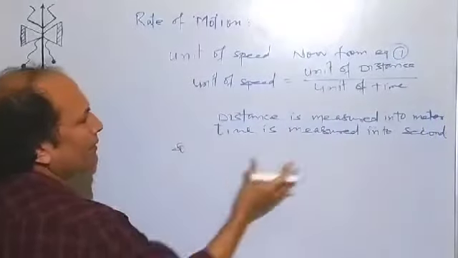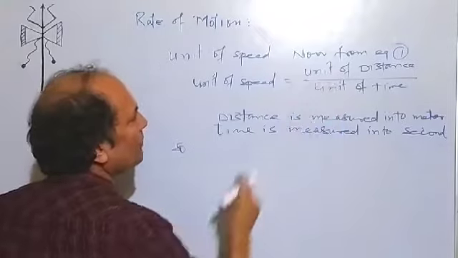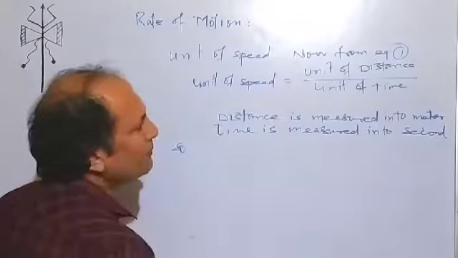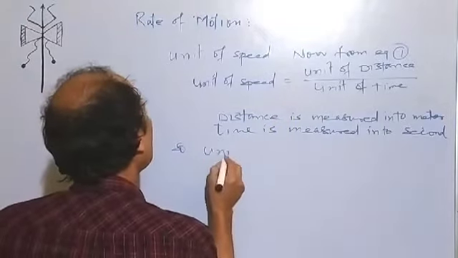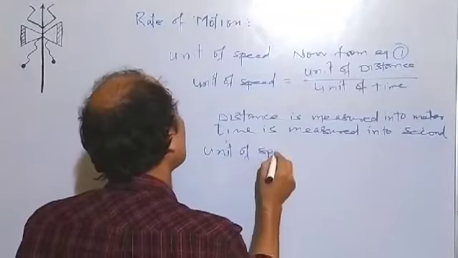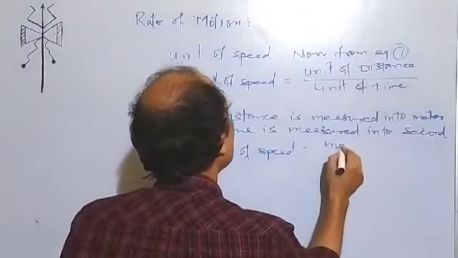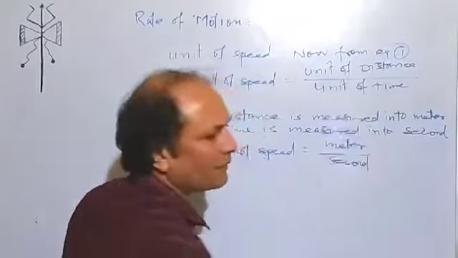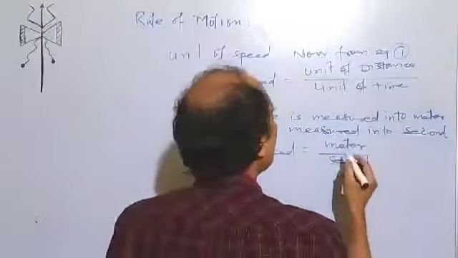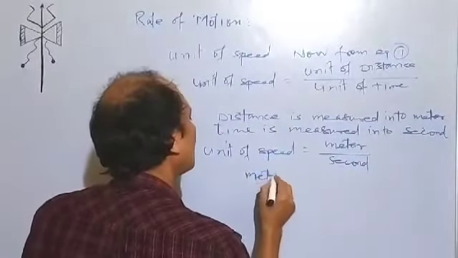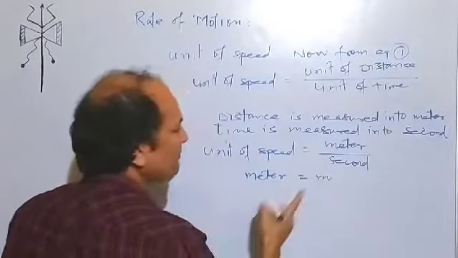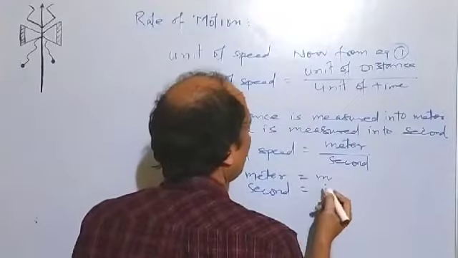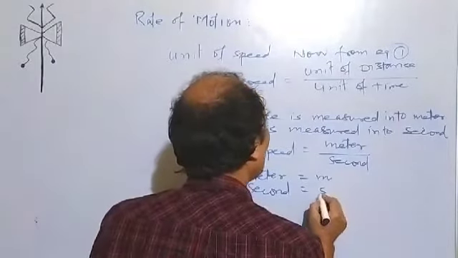So, by placing the notations into the formula, unit of speed equal to meter upon second. Meter is denoted by small m, second is denoted by small s.